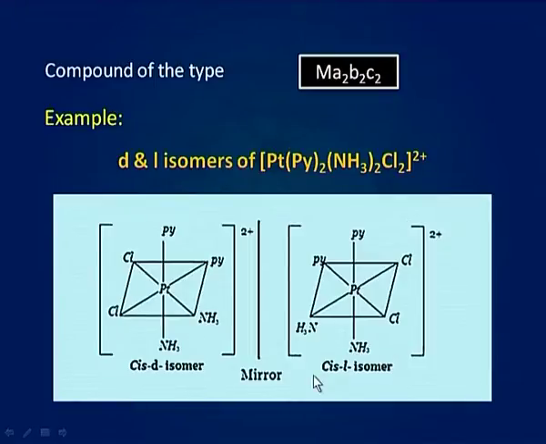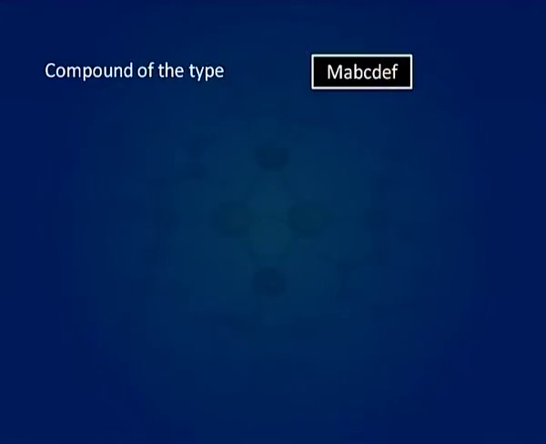Let us take the compounds of the type M a b c d e f, where M is the metal ion and a, b, c, d, e and f are 6 different types of ligands.